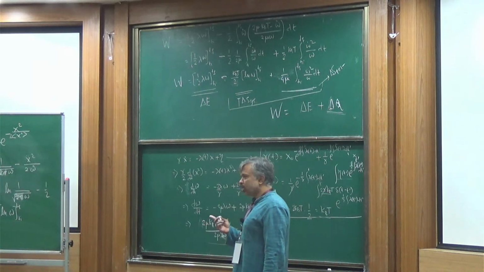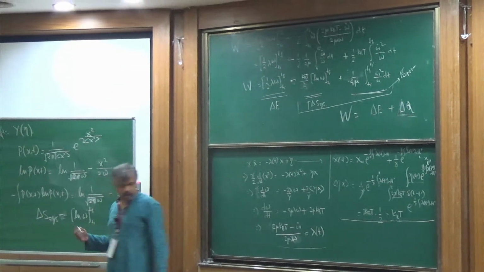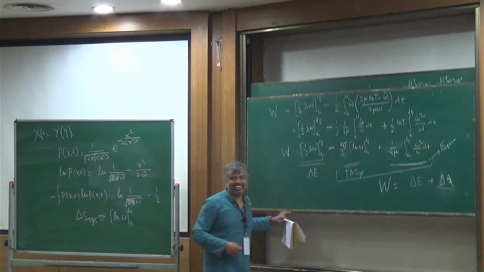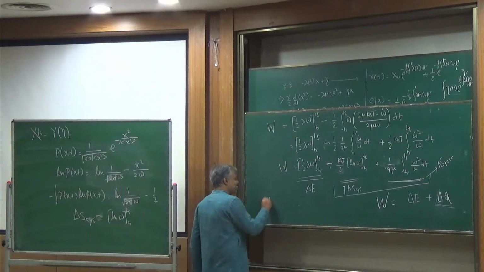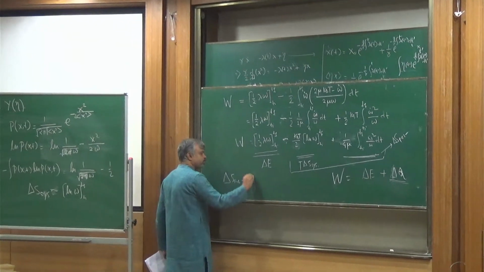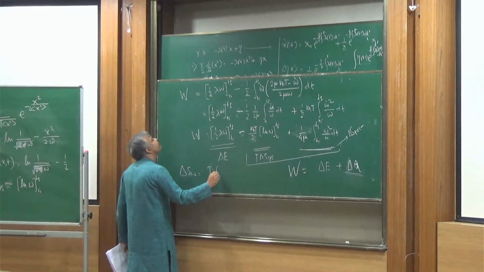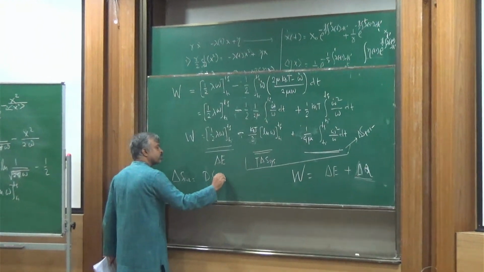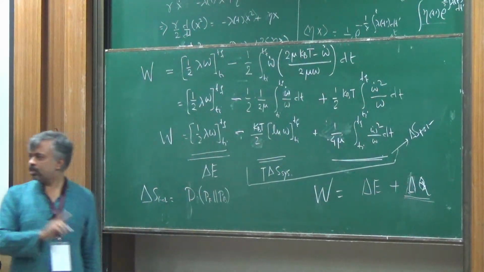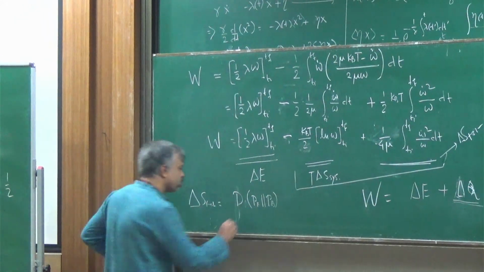You remember in one class, delta S total is, if you remember, something like p forward, p backward. Do you remember this?